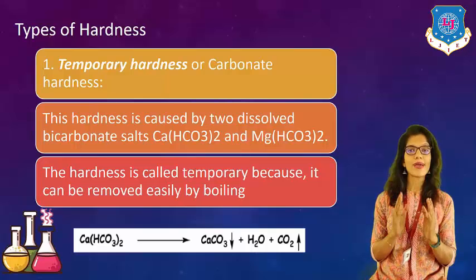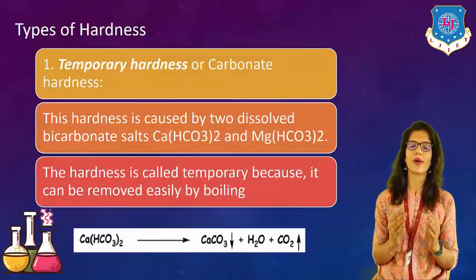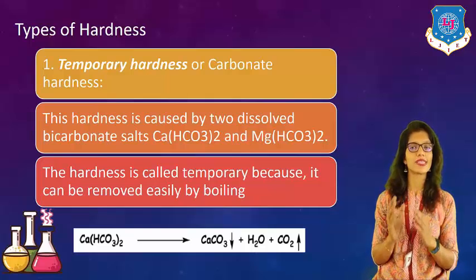There are two types of hardness: number 1, temporary, and number 2, permanent. Temporary hardness is also known as carbonate hardness. When we have water which contains Ca(HCO3)2 and we heat it, it will convert into CaCO3, H2O and CO2.